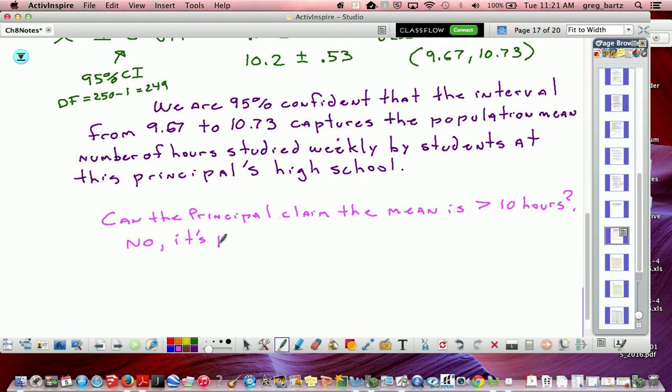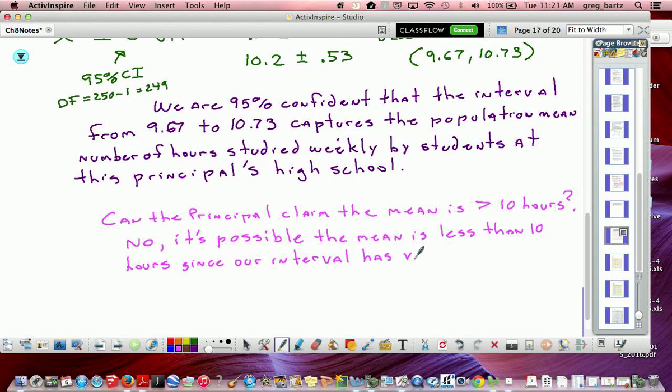It's possible the mean is less than 10 hours since our interval has values less than 10 in it.